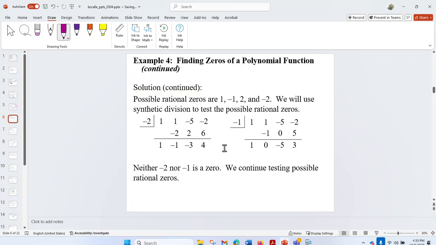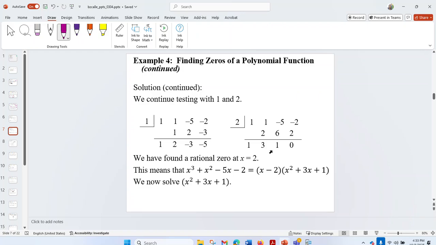This one's remainder is 4, this one's remainder is 3. Those are not the factors, so you have to do all 4 and finally find 2, where the remainder is 0. I can eliminate all those 3 divisions if I have a graph, and then I can factor this really quick. And how do you factor into linear factors, since this is quadratic? You can use the quadratic equation, right?